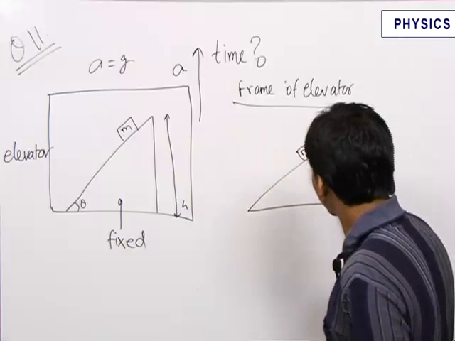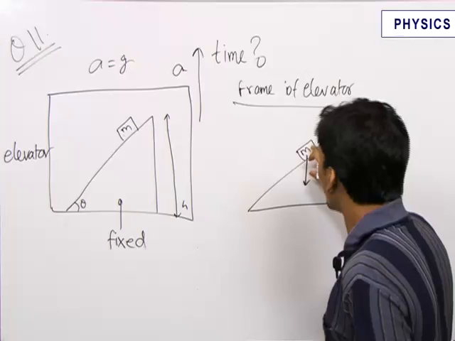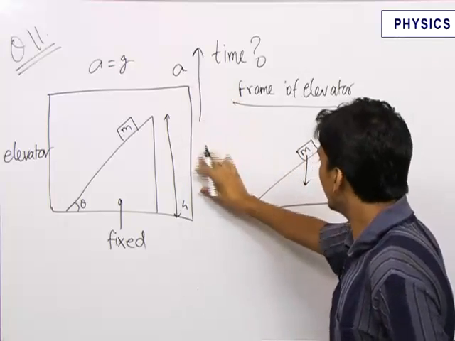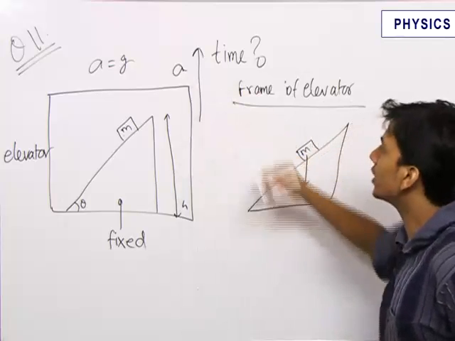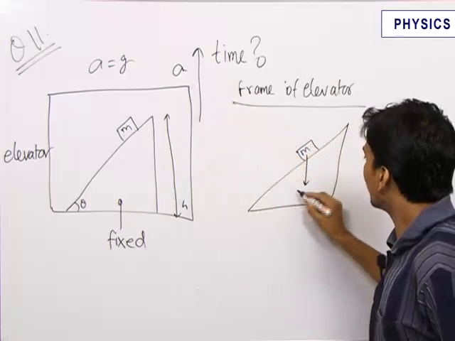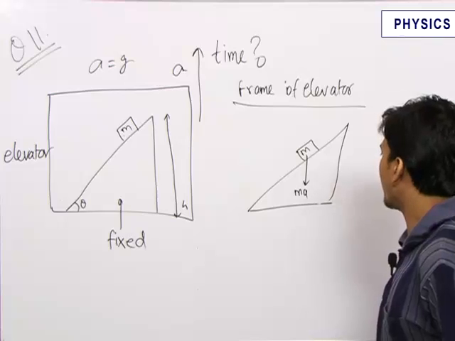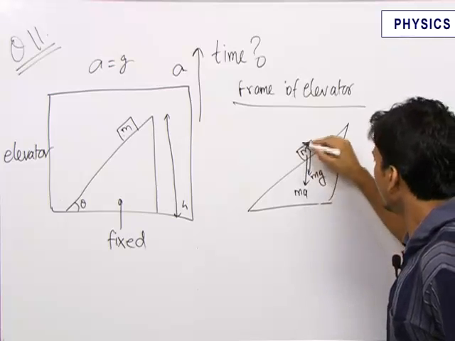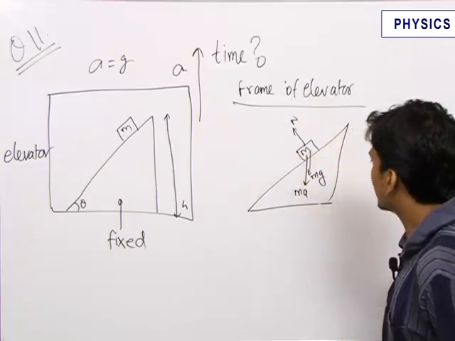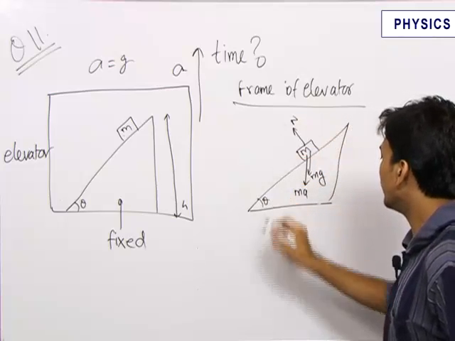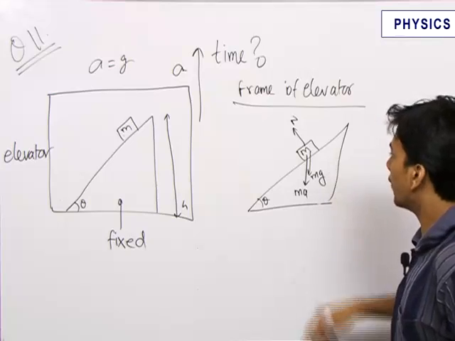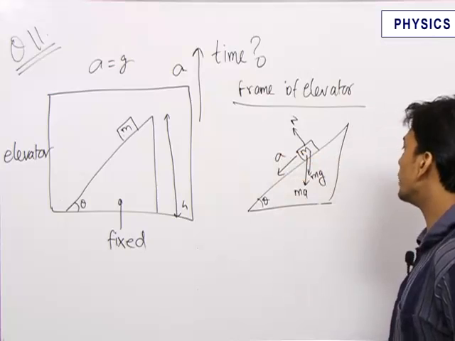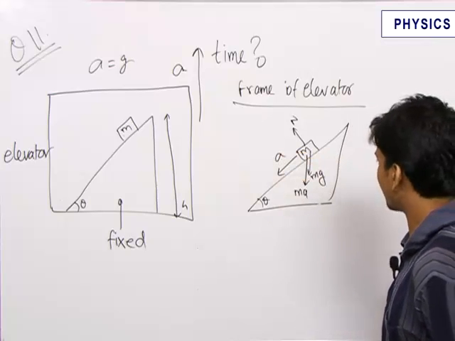So we need to apply an extra pseudo force that is equal to mass of this object into the acceleration of the elevator in a direction opposite to the direction of the elevator to get a pseudo force of ma in this direction. There was already an mg acting in this direction and a normal force acting in this direction. This angle was theta, and in the frame of the elevator, we know that the acceleration of this object is in this direction. So we assume it to be a dash.